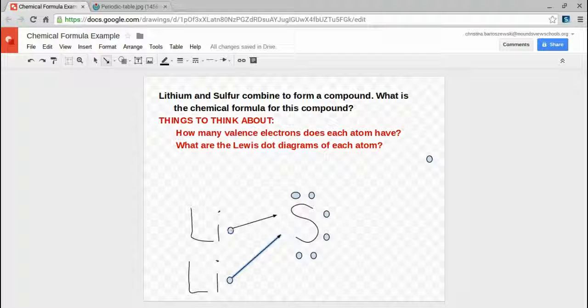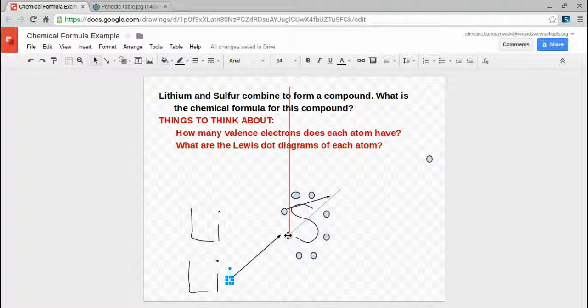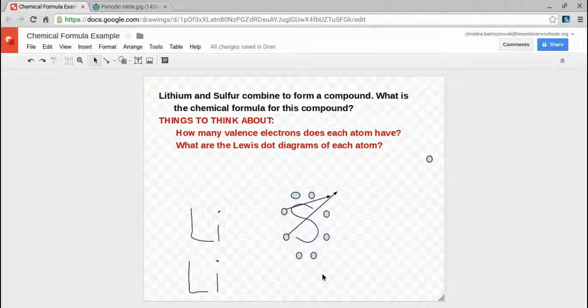Now there are 2 lithiums here, and with those 2 valence electrons, sulfur will have 1, 2, 3, 4, 5, 6. Lithium gives up this one to sulfur and this one to sulfur. So now sulfur has a total of 8 valence electrons. I don't know why those arrows are over there, but we understand that there are now 8 valence electrons.